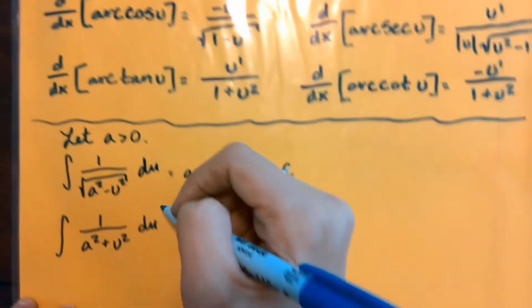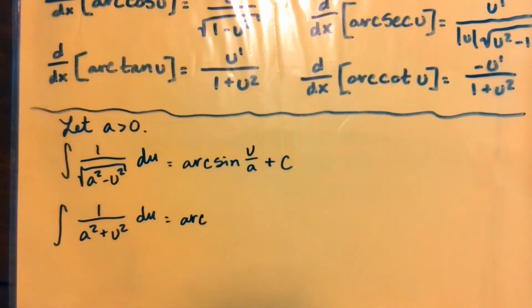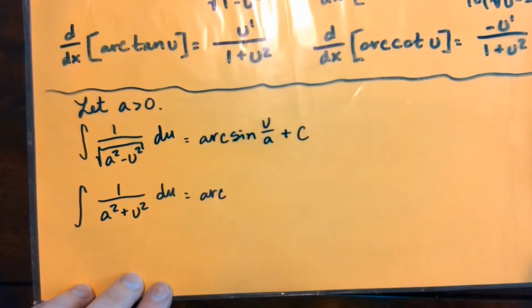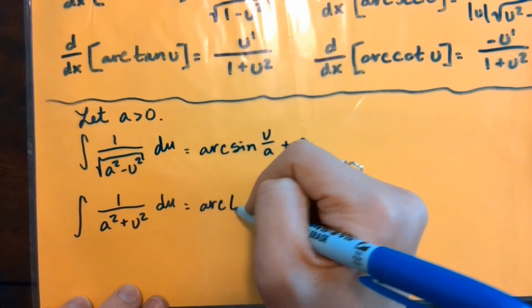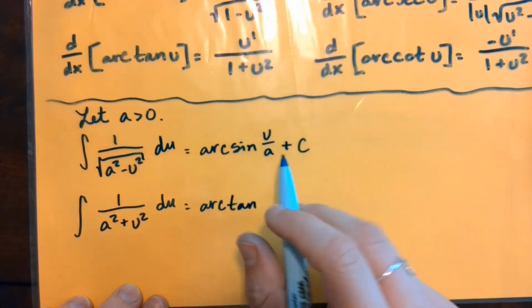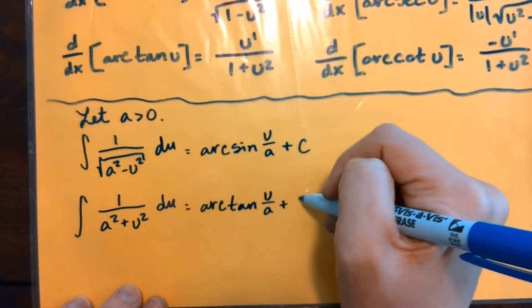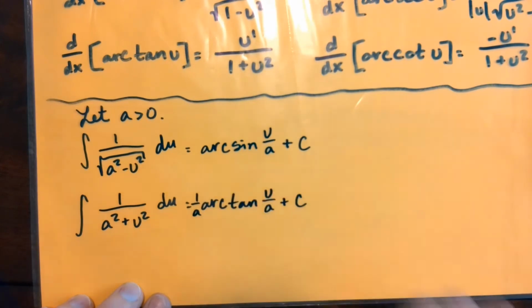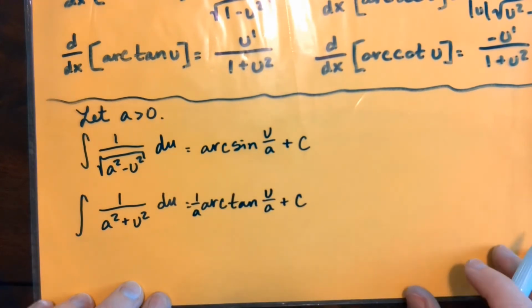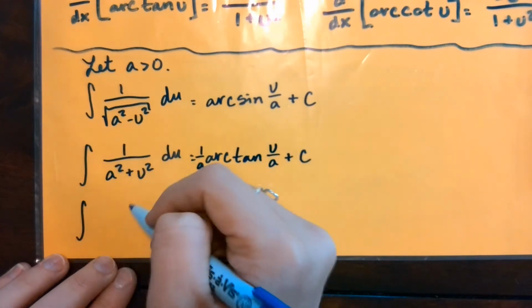So it's looking exactly like arctangent. Where were we? We were deciding that this was going to be arctangent, and same situation as with arcsine, we're going to have that u over a plus c. Well, we're also going to have a 1 over a out front. That happens with tangent.